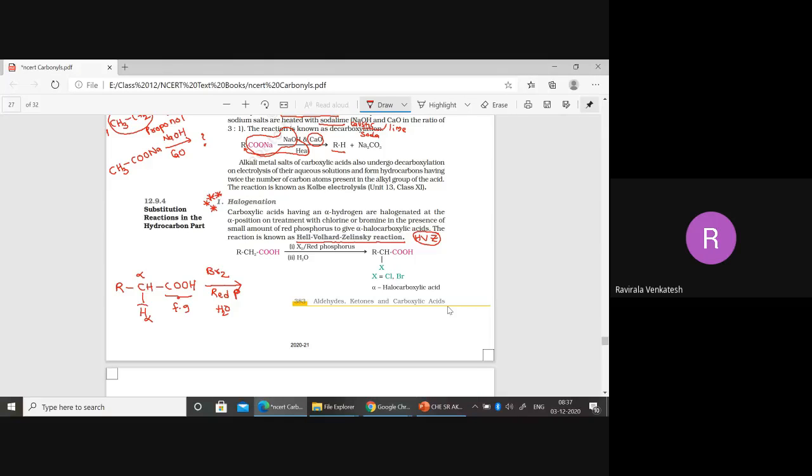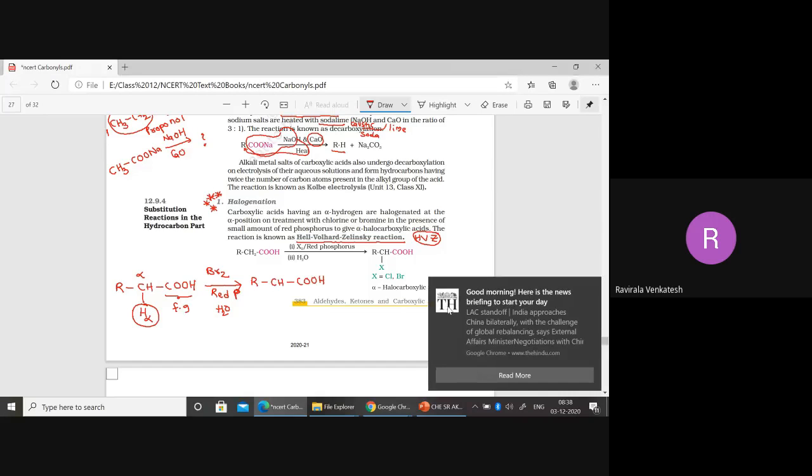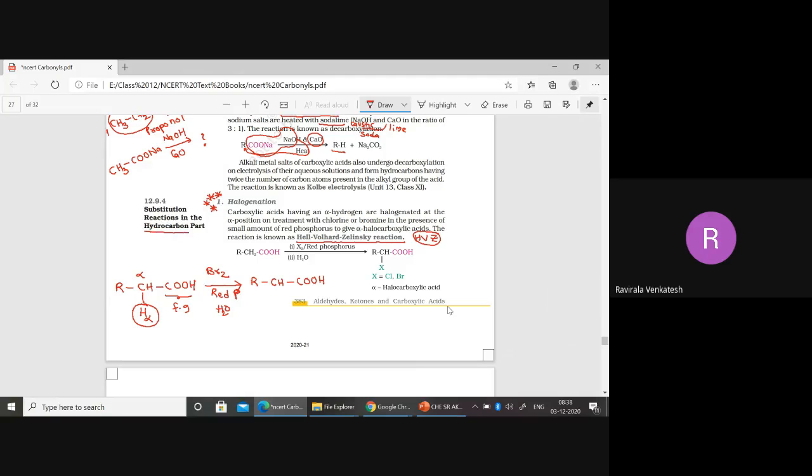Now what happens here? Alpha hydrogen is replaced with bromine like this. The reactions are not taking place on COOH, beta. They take place on the alpha hydrogen, substitution on the hydrocarbon part. So we get bromine here.